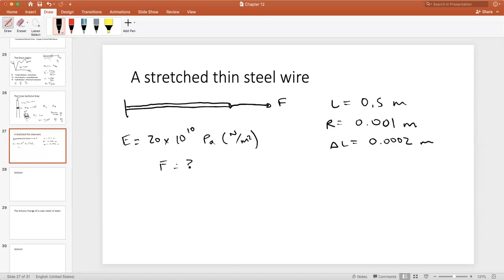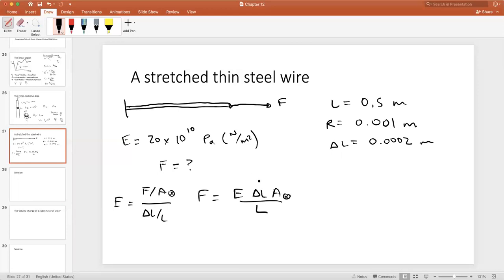What is the force required to stretch this wire that much? From what we had, Young's modulus was the stress over the strain, so the force over the cross-sectional area over the change in length over L. If I solve this for F, I get that F is equal to E times delta L times A over L. And this is my cross-sectional area.